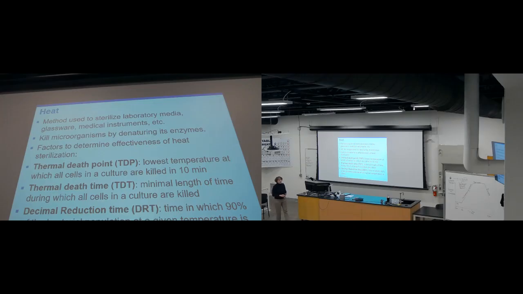Thermal dead point refers to the minimal temperature that is required to kill all microorganisms in a culture in 10 minutes. So in this case, you have a set amount of time, 10 minutes. And thermal dead point tells you the lowest temperature that you can use.